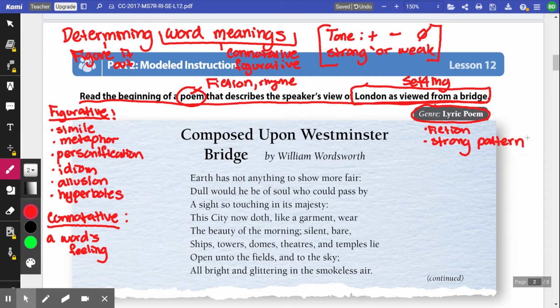So there is also going to be some kind of rhyme and rhythm to a lyric poem. So rhythm and rhyme. And typically in a lyric poem, the poet is expressing their thoughts and feelings. Now, they may not do it in the first person, they may have a narrator, but they are expressing thoughts and feelings.